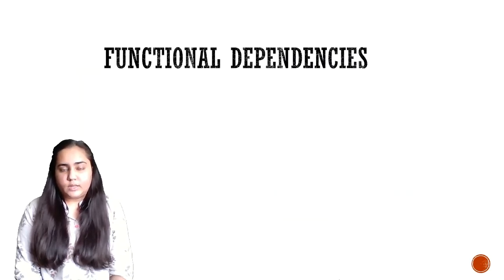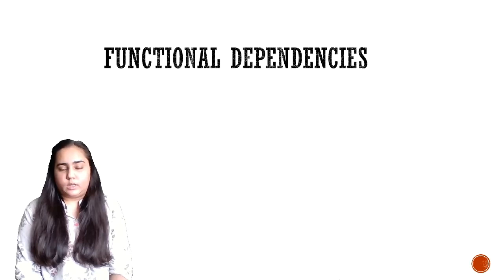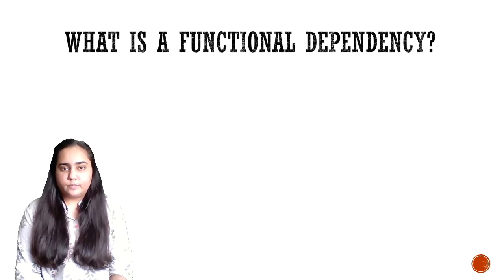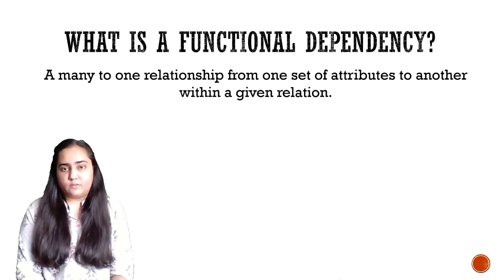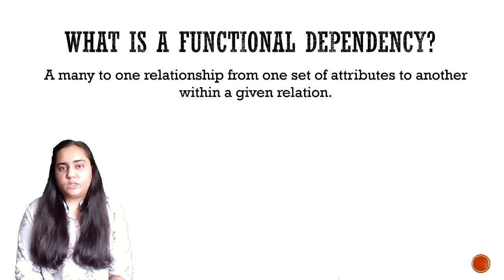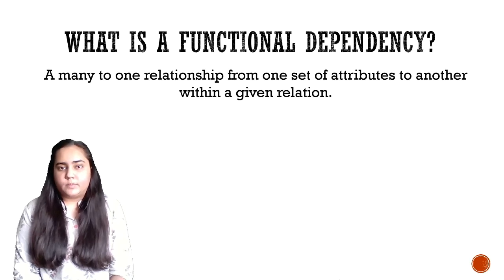Now let's take a look at what functional dependencies are. These are also a very useful thing in database design. So what is a functional dependency? It is a many-to-one relationship from one set of attributes to another within a given relation. So when we talk about functional dependencies, we're talking about a relation between one column of the table with another column of the table.